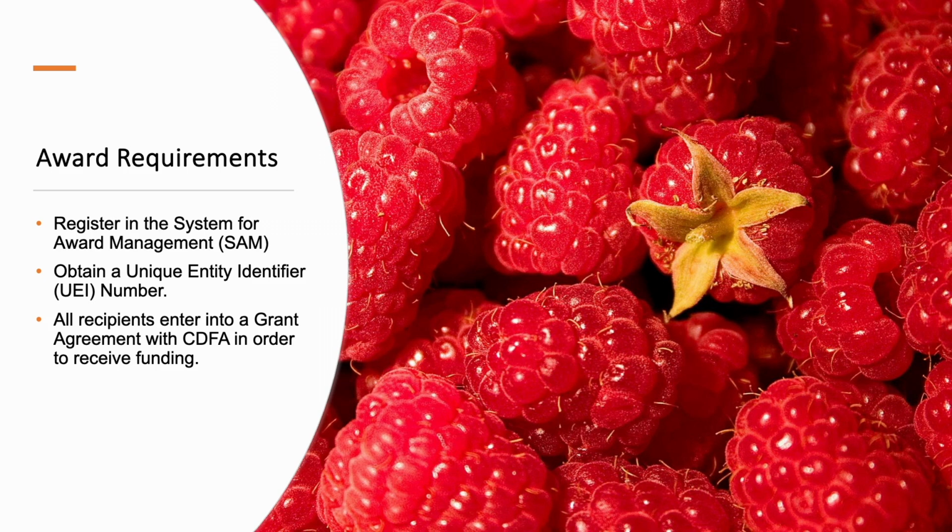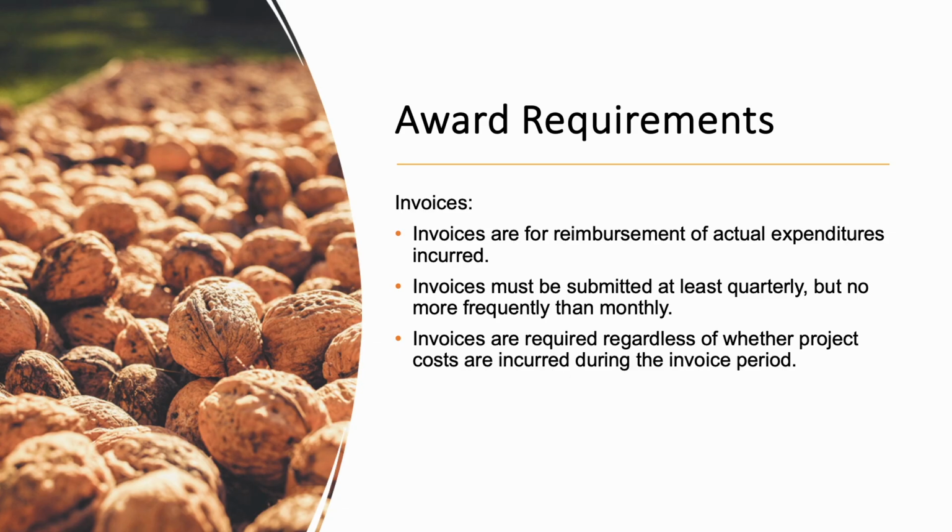It's important to note that SAM accounts must be renewed on an annual basis. If your organization receives funding and does not renew its SAM account, your grant agreement may be suspended until your SAM account is renewed, which could affect your ability to complete the project within the grant duration. A link to SAM can be found in the grant proposal instructions.